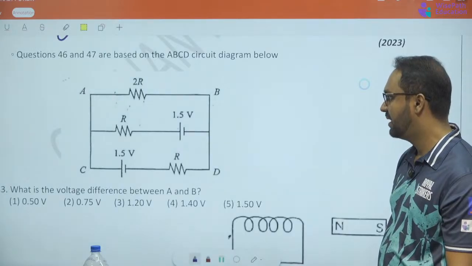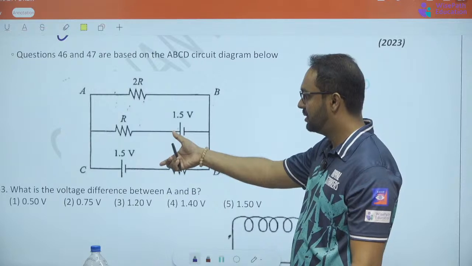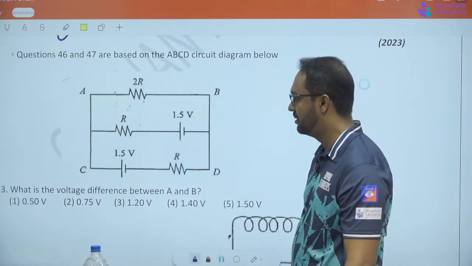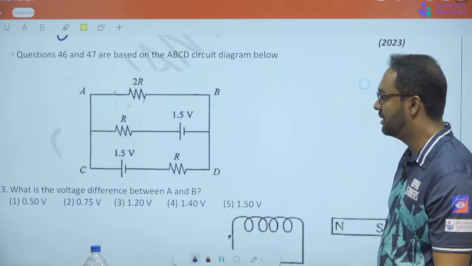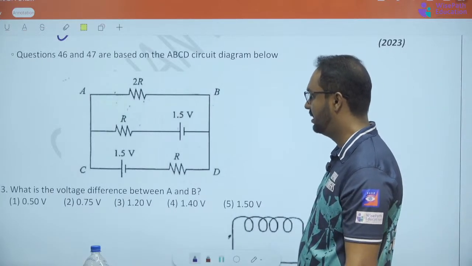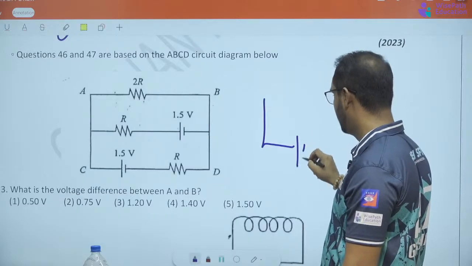If we have only one battery, we can merge these two lines into one by taking the equivalent resistance of the circuit. So let's say it's only one battery of 1.5 volt.